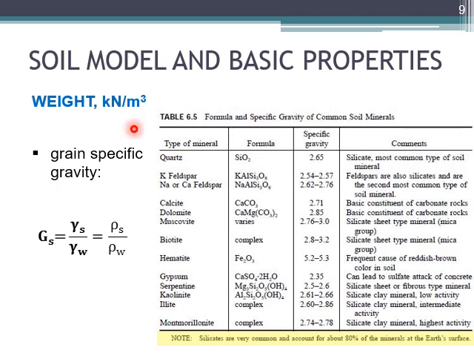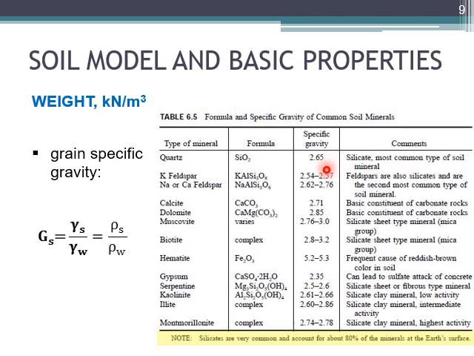Another parameter connected with weight and density is the grain specific gravity. Specific gravity, Gs, is the ratio of the densities or unit weight of solids, so the soil skeleton, and water. So this is a unitless parameter. And in this table you see the basic values of the Gs. As I said before, for quartz you have the value of 2.65.